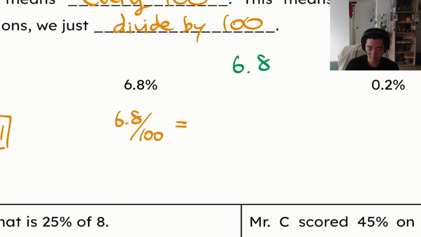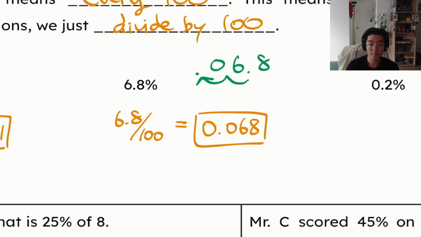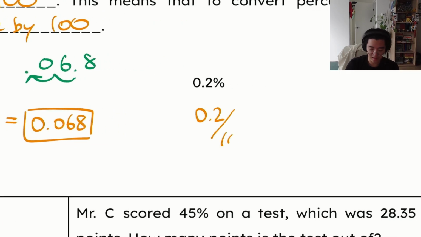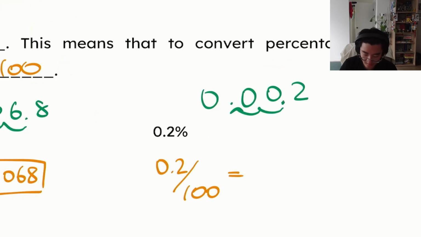Move the decimal place 2 places: 1, 2. You got a gap here, so we put in the 0. Then 0.2, of course. Doesn't matter where the decimal is, we're just moving it 2 places to the left. 1, 2.